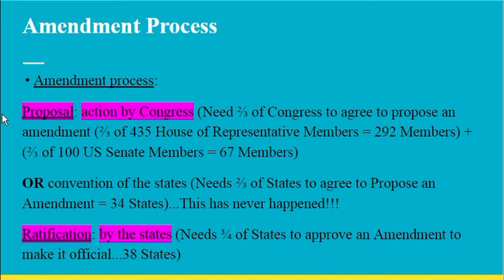So you've got to have either almost 300 members or almost 70 members in either the House or the Senate in order to make a constitutional change. That's a lot of people to get on board with a change, and typically it requires bipartisanship, or people from both sides of the aisle, Republicans and Democrats, to make these changes. Or there's the convention of the states.